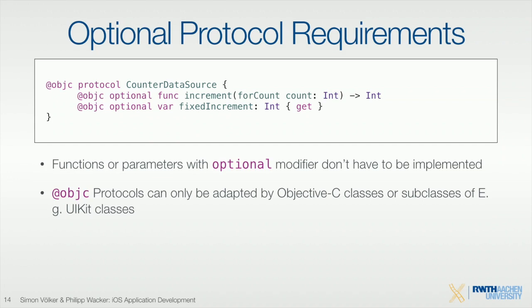It will take some time, but basically UIKit and all of these standard libraries are still Objective-C code. And there was this concept of optional protocols, where you can define which parts of your protocol need to be implemented and which parts you can just ignore or just implement when you want.